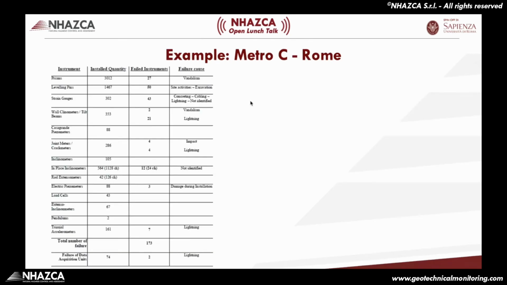An interesting example is the Metro C line in Rome, exactly in the same site I was showing you before. It's one of the most important monitoring projects in Italy. In this project, it looks like, this is not my value, it's not verified, but it looks like the monitoring budget was around 70% of the overall budget.